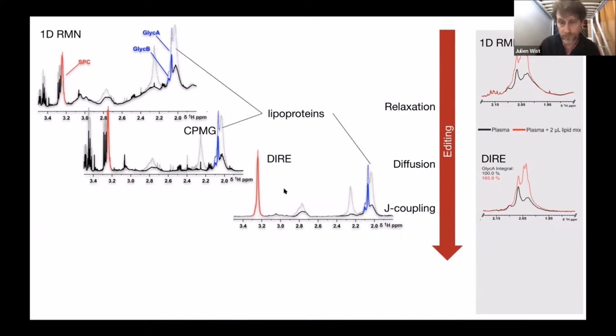And then, as we can see, the spectrum that we obtain is much cleaner, and we at least remove most of the overlap on the SPC peak, while we still have this nasty contribution from the lipoproteins.